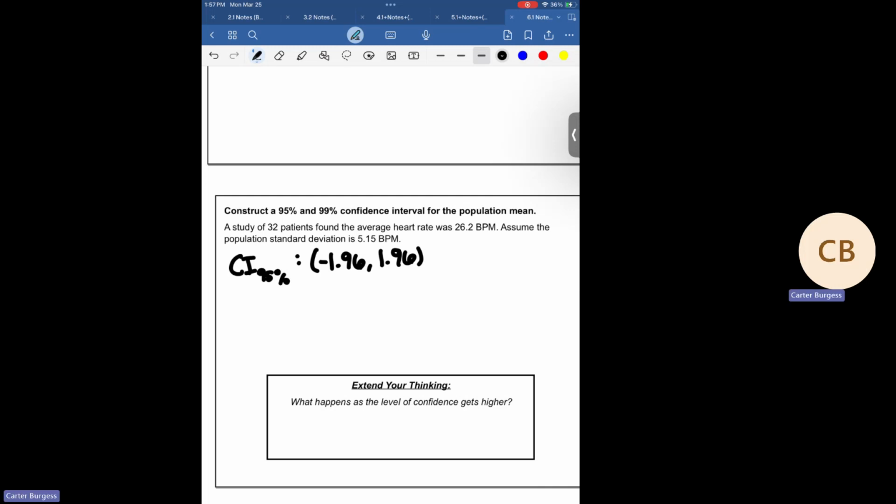I would save the rounding to the very end, just to make sure that you don't get it ever so slightly off. But yeah, this is perfect. And on your paper you can do like 0.91, and in your calculator, copy and paste this whenever you're doing the calculations. That's great.